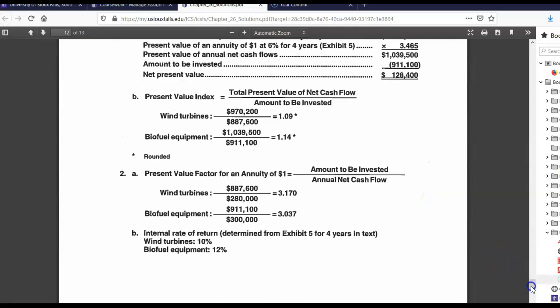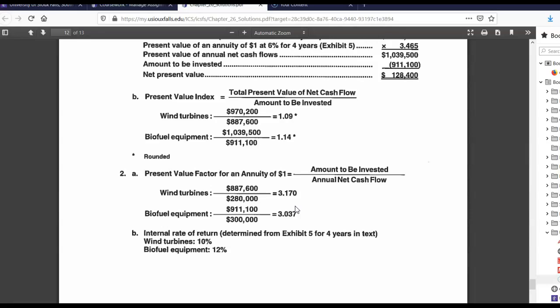So we can say this is the amount to be invested, 887 divided by the cash flows, 280. It gives you 3.17 years to pay itself back, or that is the present value factor. It means nothing other than you take that factor, you now go to your chart, the annuity table. We knew it was 4 years.